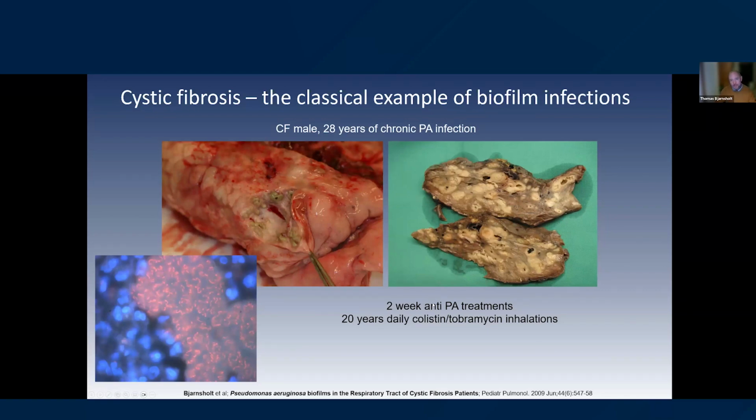These pictures are from a male who had cystic fibrosis and had the chronic Pseudomonas aeruginosa lung infection for more than 28 years. In these 28 years, he received more than 1 kilo of tobramycin, more than 10 kilos of beta-lactam antibiotics, and more than 1 kilo of colistin.